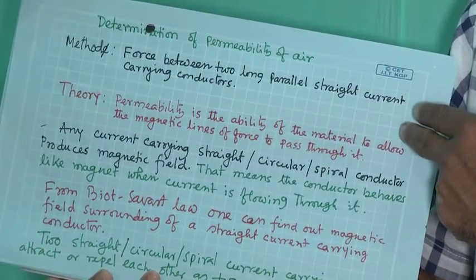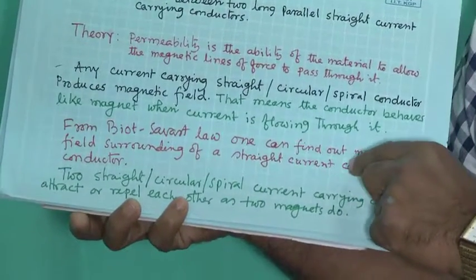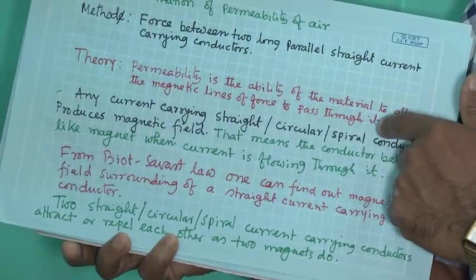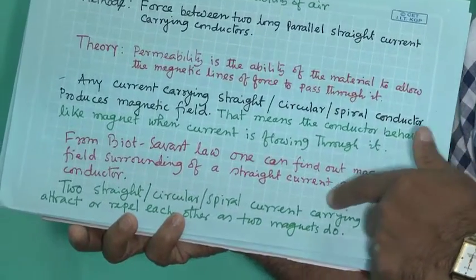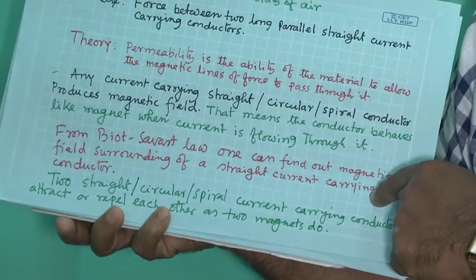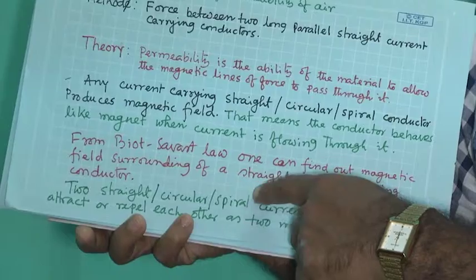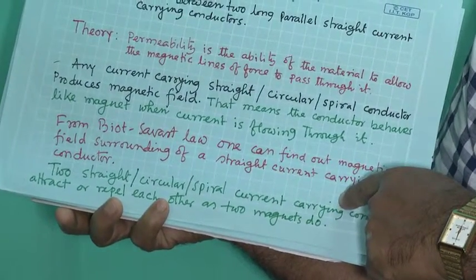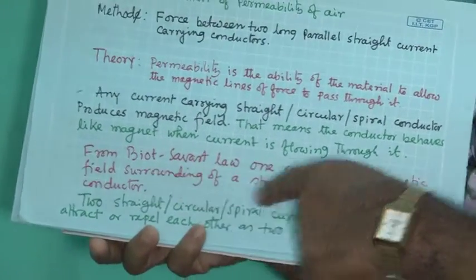From the Biot-Savart law, one can find out the magnetic field surrounding a straight current carrying conductor.